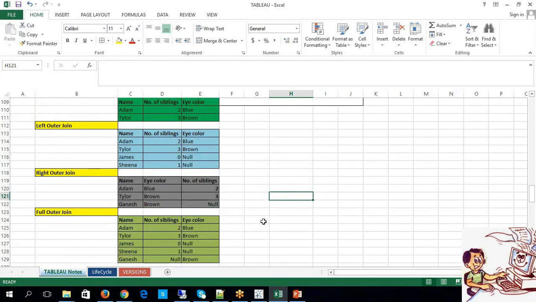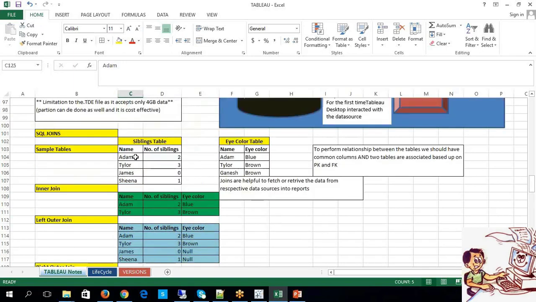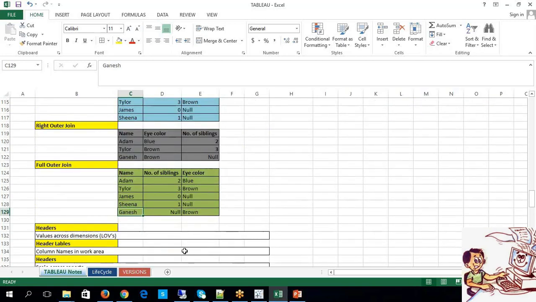Full outer join gives all the data from both the tables, whether it is common or uncommon. So this is the output. You have all the data from both the left side table as well as the right side table. Look at this, Adam to Sheena as well as Ganesh, and the corresponding values. And if you don't have matching values, it will definitely give you null values, null records.